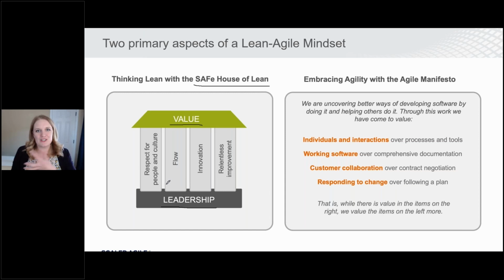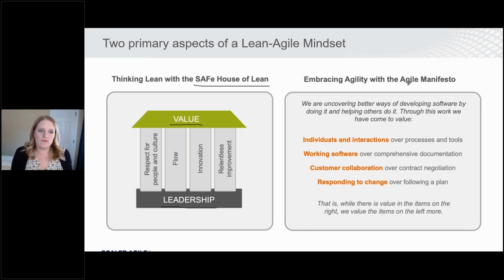Flow, that's getting work to flow through our systems effectively and efficiently. Innovation, this is making innovation intentional, making sure that we're focusing on innovation, that we're leaving time to innovate. And relentless improvement, we're always focused on improvement as teams and as an organization.